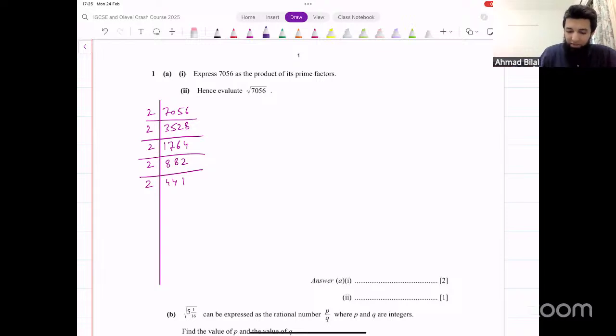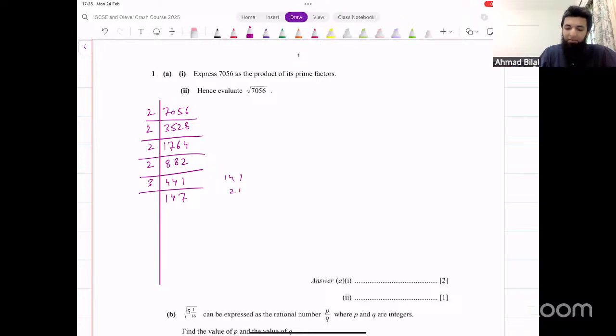So the next number that we use here is 3, not 2. 14 over 3, that will be 4, and that leaves us with 21. 21 over 3 is 7. So 441 over 3 is 147.